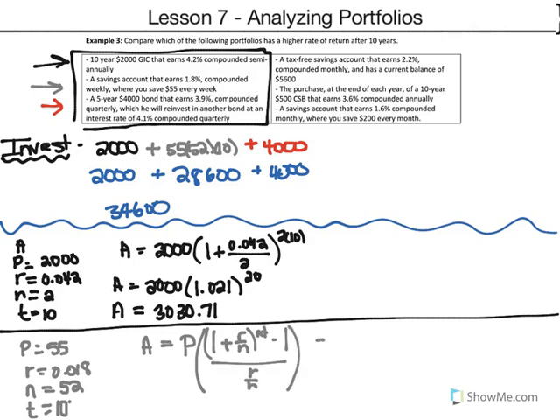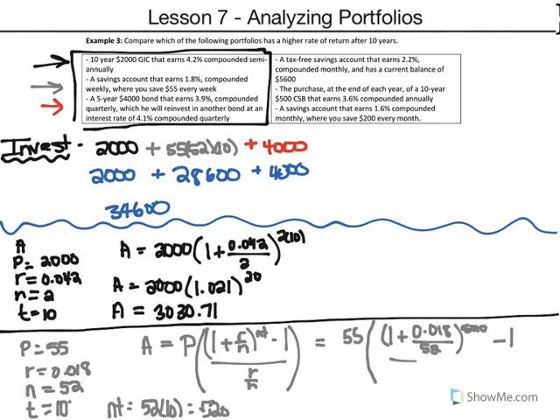So when we plug this in, it'll be 55 times 1 plus 0.018 over 52. We want to do our NT, which is 52 times 10, which is 520. So this is to the power of 520 minus 1 divided by 0.018 over 52.